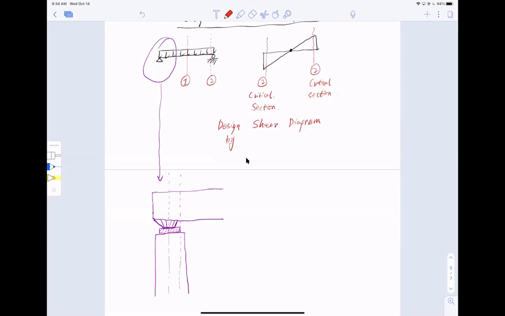Or, if I have a diagonal crack, this is where the stress concentration should start, with a 45-degree angle, and this will be where the diagonal crack ends. So I have three locations.